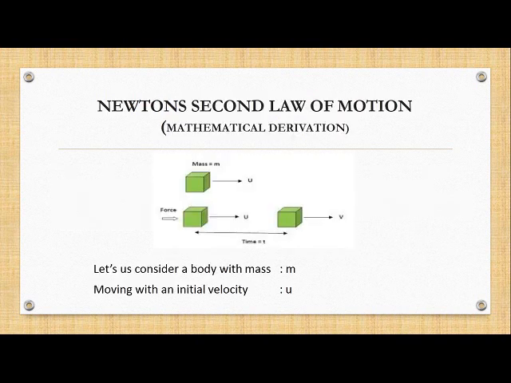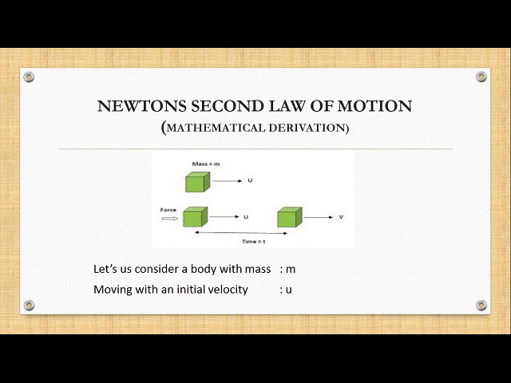Today we are going to understand the mathematical derivation of Newton's second law of motion. Let us start the derivation with a picture. Let us consider an object having a mass m, moving with the initial velocity u.